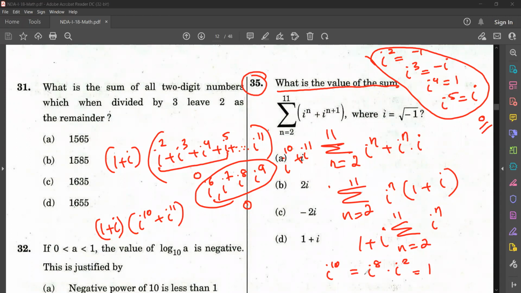Then i squared is minus 1, so positive 1 into minus 1 gives minus 1. Okay.